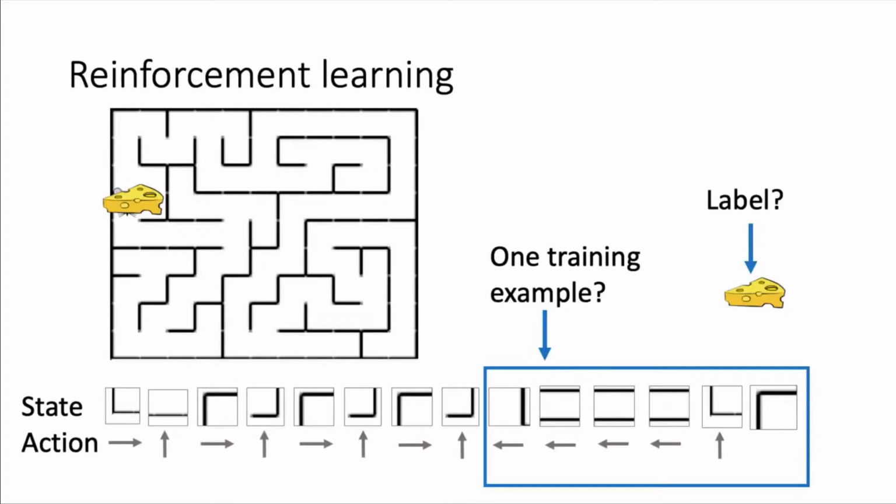And then gather lots and lots and lots of these examples of sequences of states and actions leading to a feedback, and then treat this whole thing as a supervised learning problem. The answer is, if there are only a limited number of states and actions, and it's easy to enumerate all of these that lead to rewards, then it is theoretically possible to transform a reinforcement learning scenario into a labeled dataset for supervised learning.